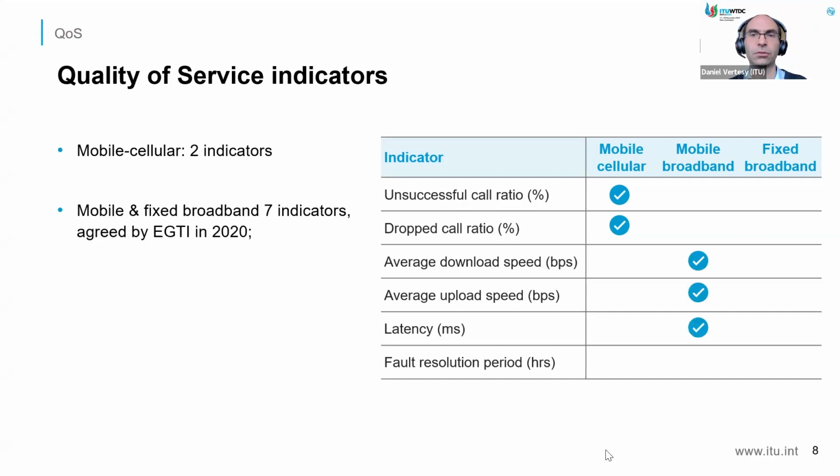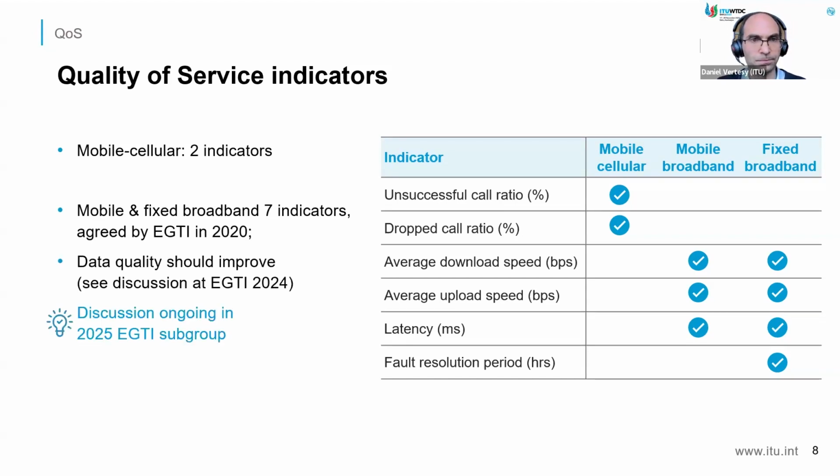Then there are the mobile broadband quality of service indicators that were introduced by EGTI in 2020, which measure the average download speed, average upload speed in bits per sec, and latency in milliseconds. And then there are fixed broadband quality of service indicators, which mirror the previous ones for mobile broadband with the additional fault resolution period added to it.